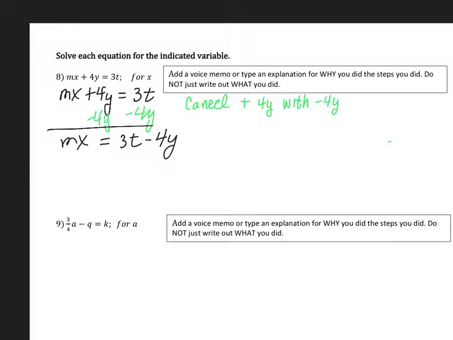And last but not least, I know that the m sitting next to the x implies multiplication. So I am going to cancel multiplication with division.